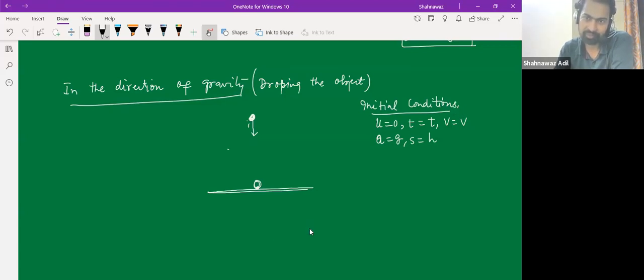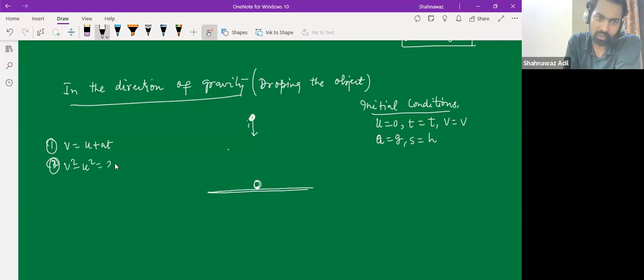Now again, using not all the equations but two of them. We have v is equal to u plus at, and the third one, v square minus u square is 2as. Using the first one, u is 0, a is g, and time is t, so t is v by g.